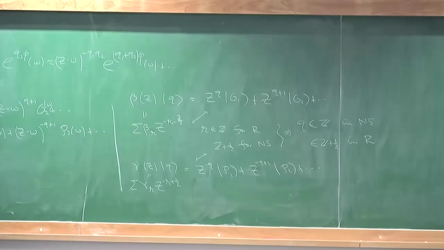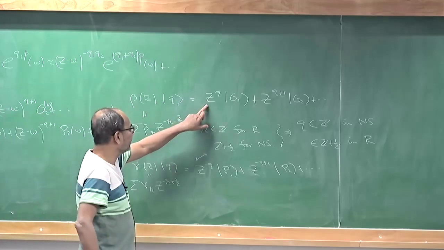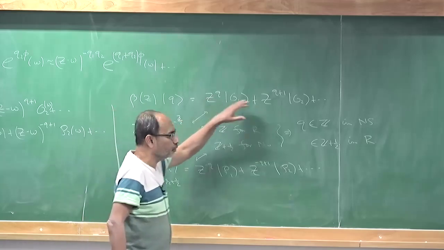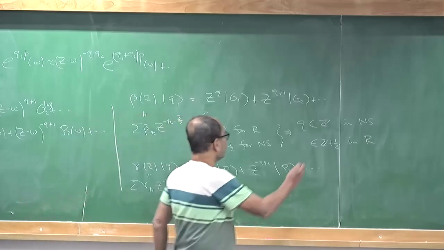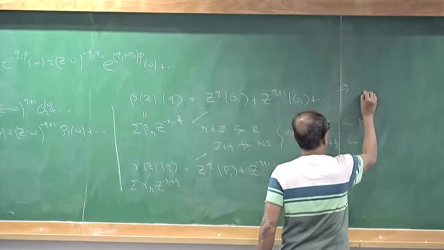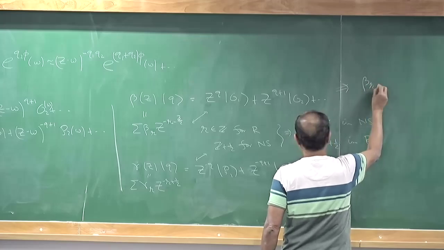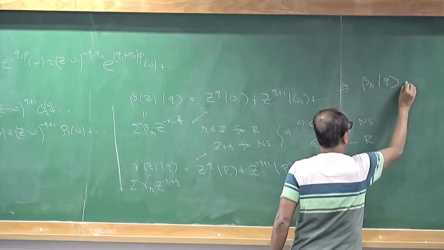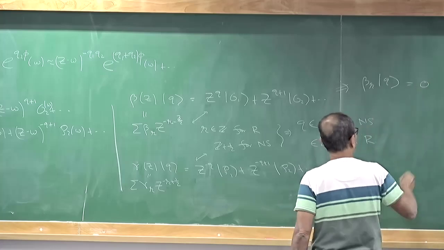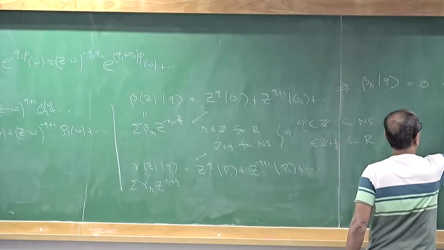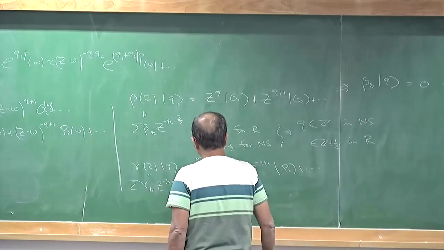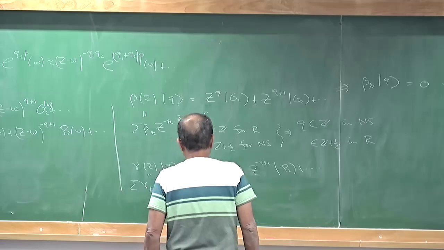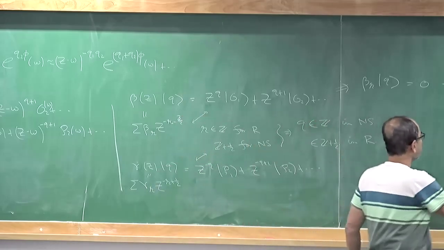But this also tells us something more. Here the expansion starts from z to the q and goes to higher powers of z. So this tells us that beta r on q should be 0 for r larger than minus q minus 3 half.